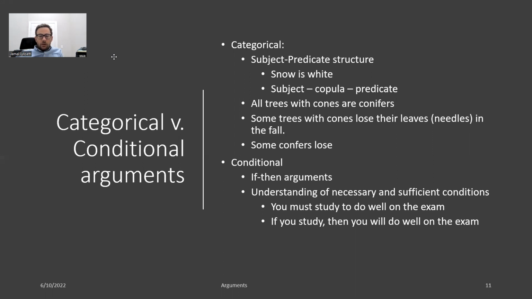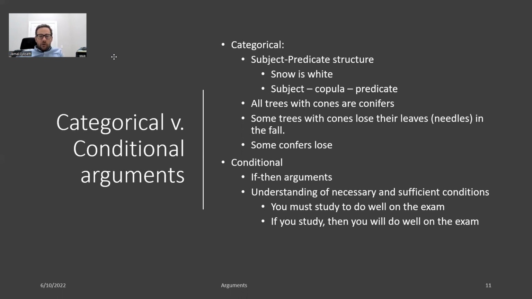these are categorical statements, right? One is all, and so our universe is completely filled with trees with cones, that's the entire grouping. Some is particular. It doesn't give us any truth or understanding of all of something.